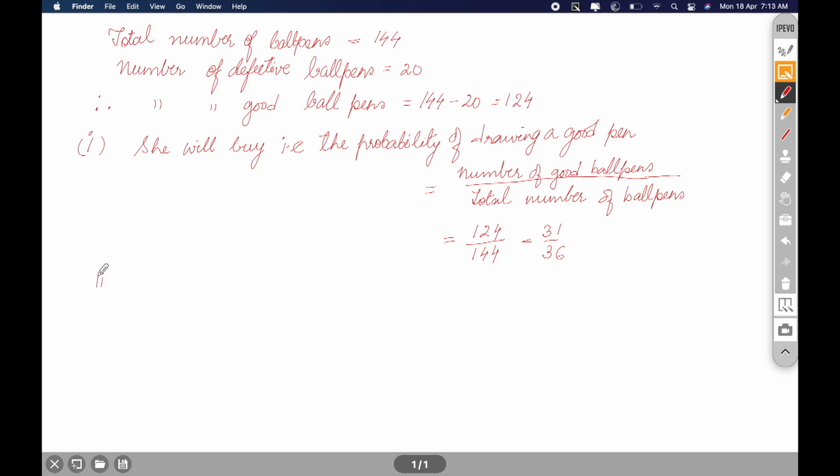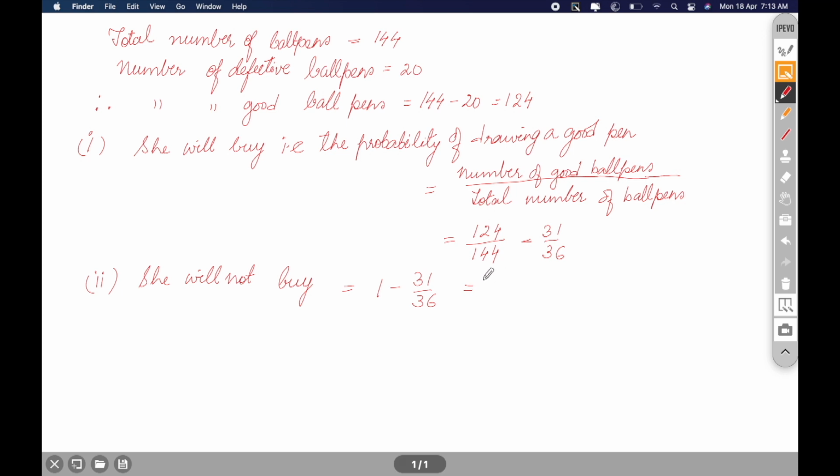And part 2, she will not buy when the pen is defective, right? The probability that she will not buy equals 1 minus 31 by 36, because the total probability of an event is 1. For a sure event, it is 1.